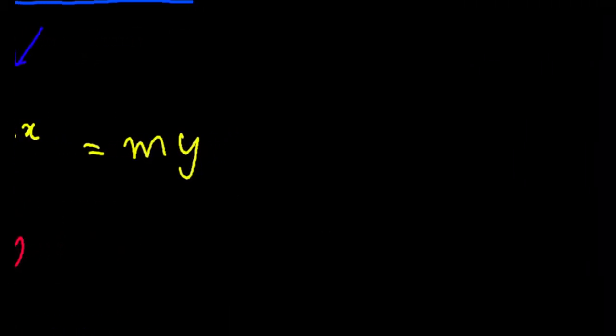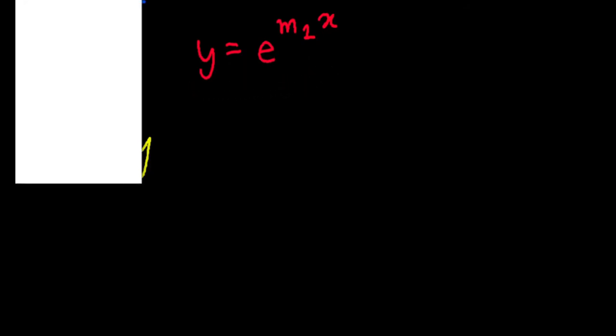So what I mean is since M1 and M2 are solutions to a quadratic, it also means that y equals e to the power m1x. I'm just substituting that. This is going to be a solution to my differential equation.